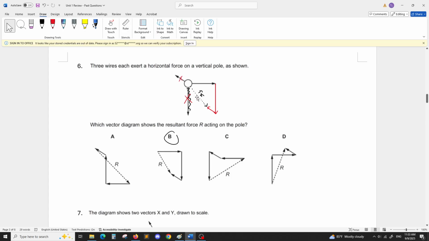Since these vectors are so strong compared to this small vector, we can tell it's generally going down southeast. The only one that actually matches is this one, but you can see this force is too massive. This one is our correct answer. This is going the wrong direction. This is also going the wrong direction. So we can say our B is our final answer, and we're pretty confident in that.